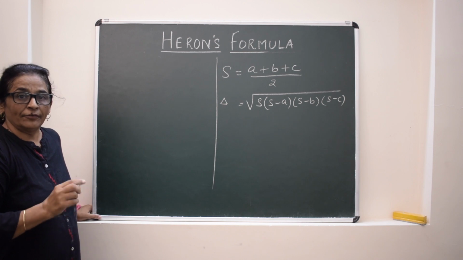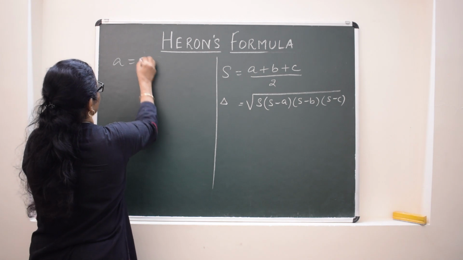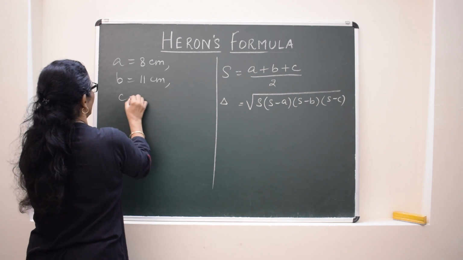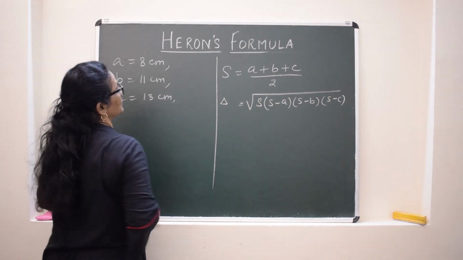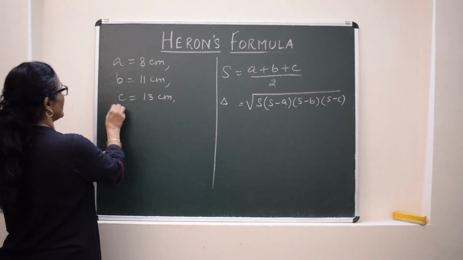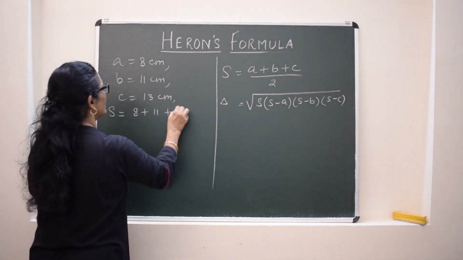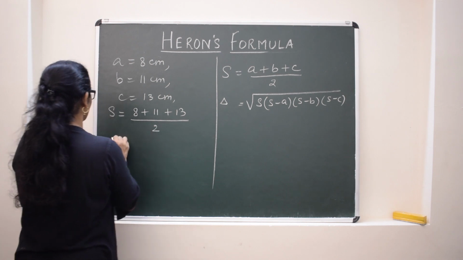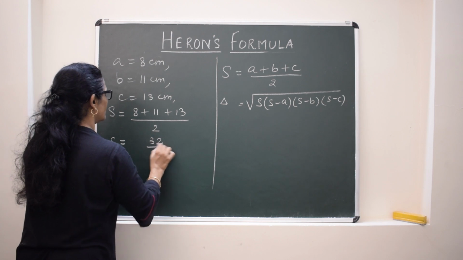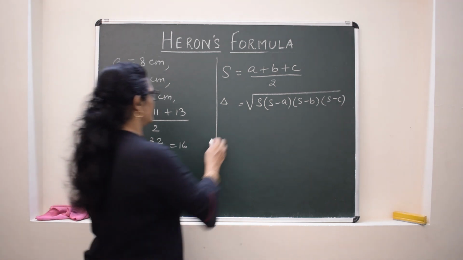First example: a triangle is given with sides 8, 11 and 13 centimeters. Find the area of the triangle. The very first thing, we will calculate its semi-perimeter. That would be (8 plus 11 plus 13) upon 2. So s is equal to 16. Clear? Now we will apply the formula.